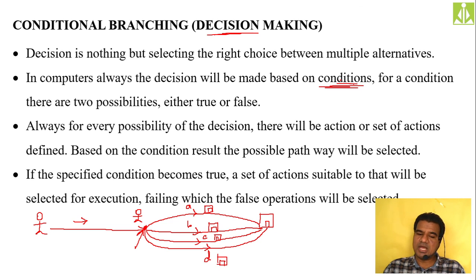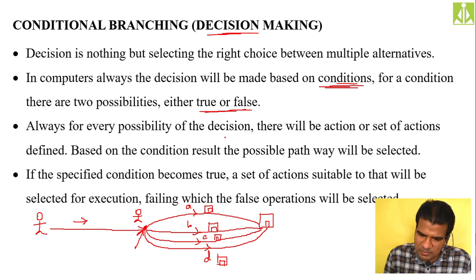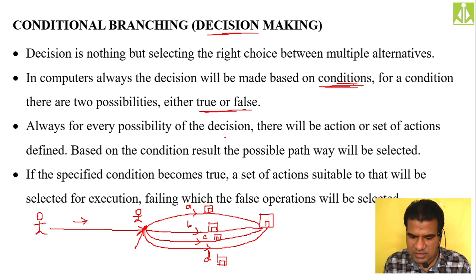For a condition there are two possibilities: either it can be true or it can be false. So there are only two possible paths for a condition. When doing conditional branching, we can do both two-way selection and multi-way selection. What is two-way selection? What is multi-way selection? That we will see.